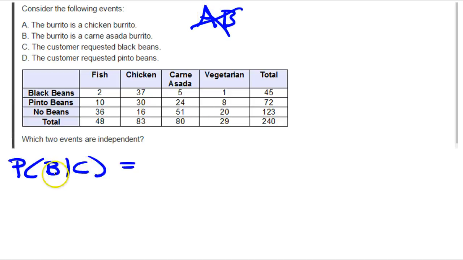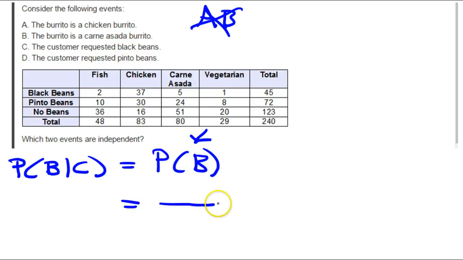All right, now let's test B and C. If events B and C are independent, then the probability of B given C should equal the probability of B by itself. Let's do this one first. Let's calculate the probability of B, the probability that the burrito is carne asada. Probability is target over total.